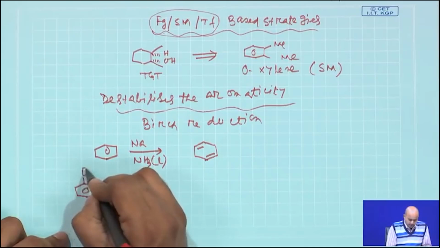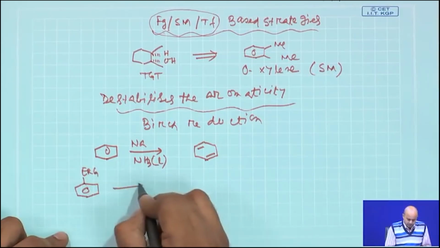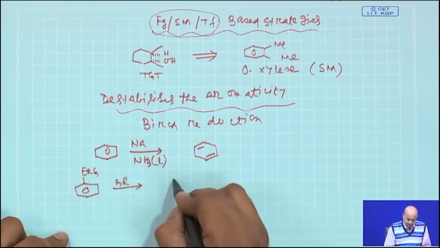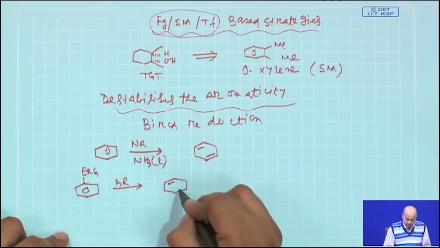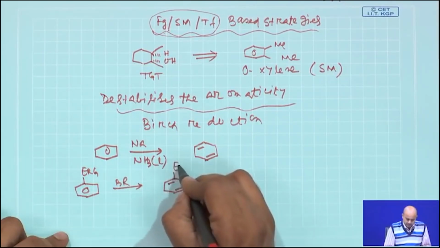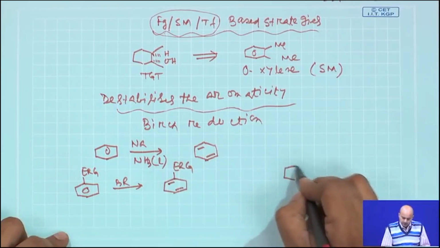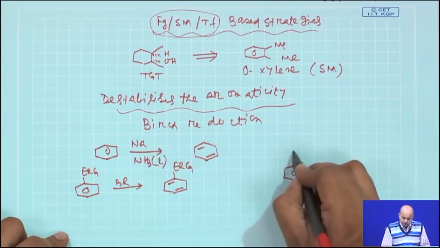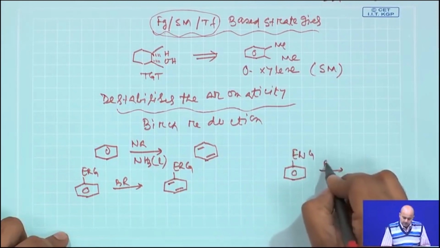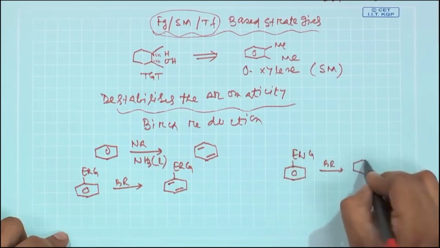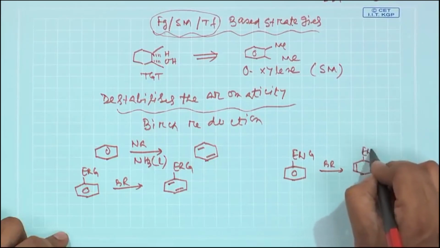Now, Birch reduction has a very unique regiochemistry. If you put an electron releasing group on this benzene nucleus, after Birch reduction you will normally get this compound. This regiochemistry we will explain a little later. If you have an electron withdrawing group, after Birch reduction you will get this regioisomer.